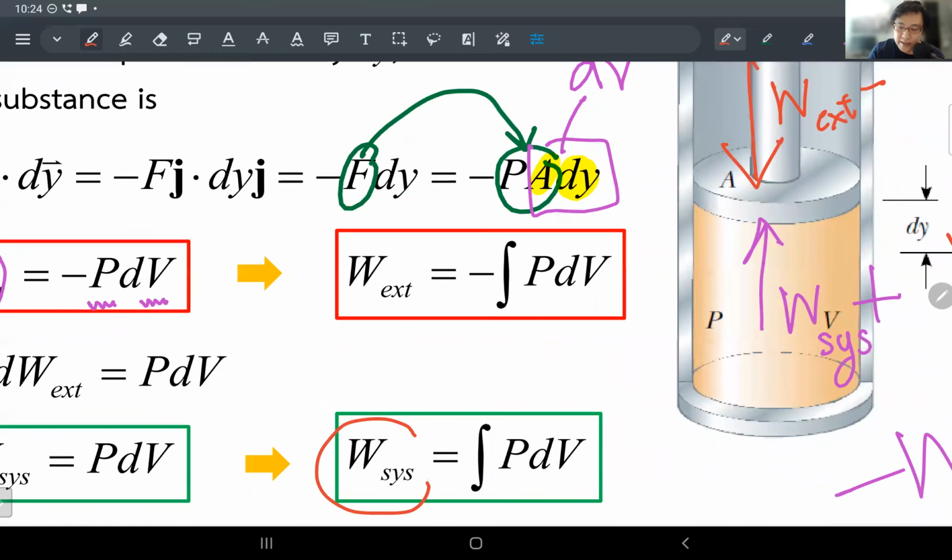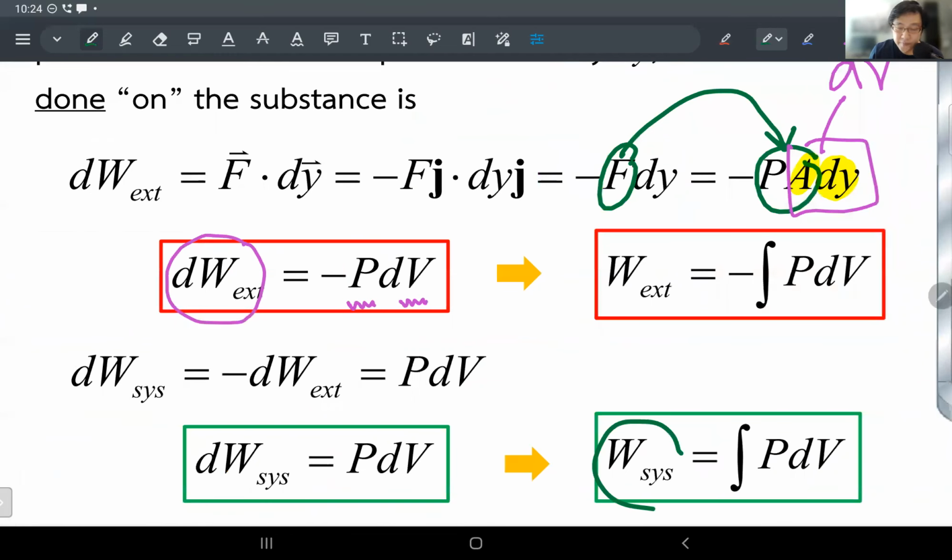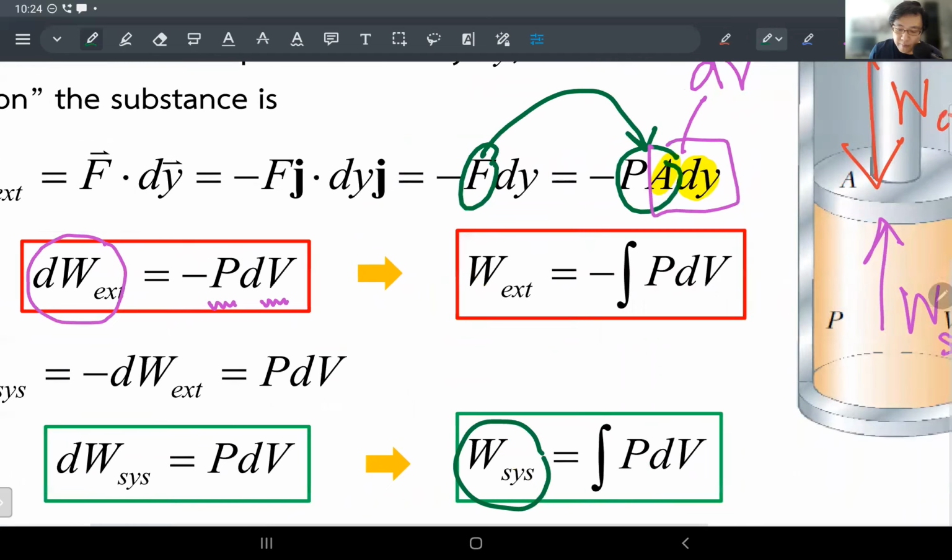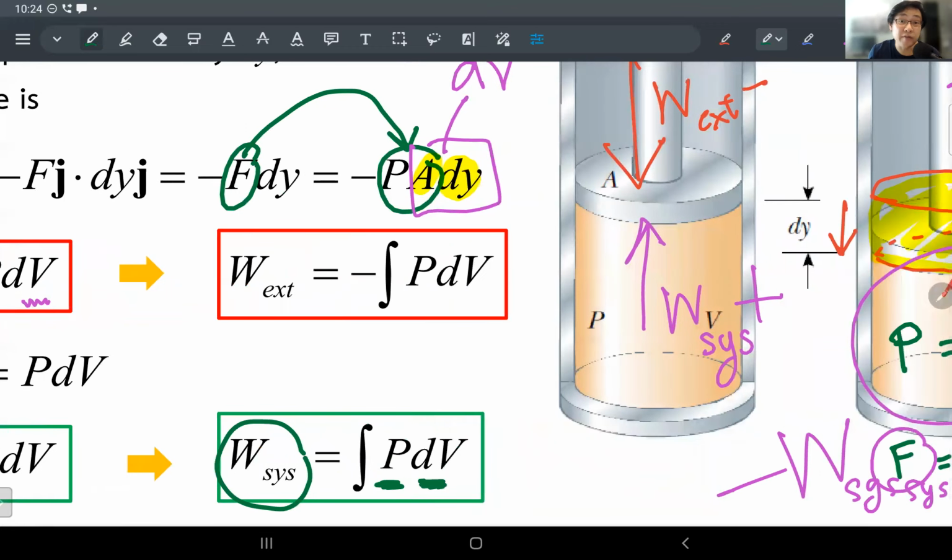The work done by the system, right here, can be calculated from the pressure multiplied by the volume change, because we already agreed we don't need to worry about the force and the displacement anymore. We can take the product of the pressure and the volume change. This expression lets you see that if the volume change is in the positive direction, the gas expands, and you get positive work done by the system.